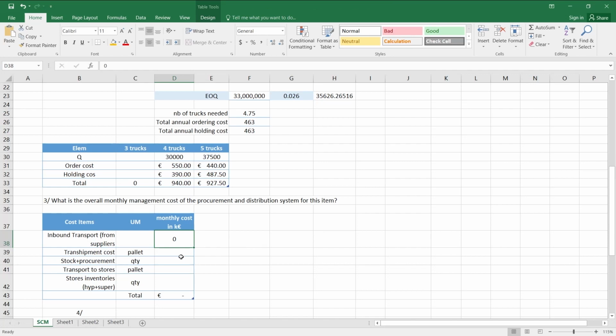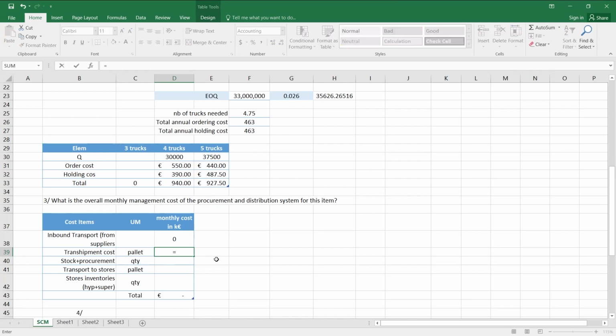So here we put basically 0, since we are talking about full trucks, and since also we are talking about Franco shipments.